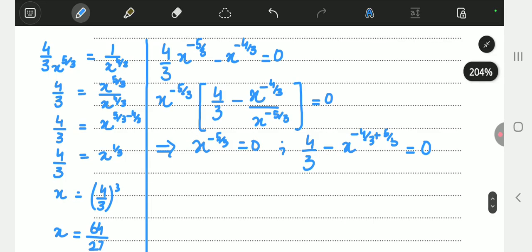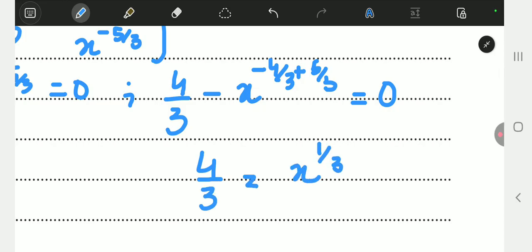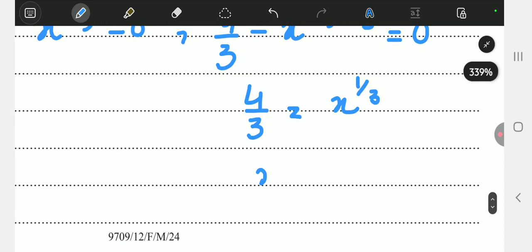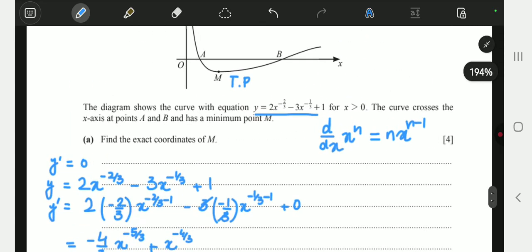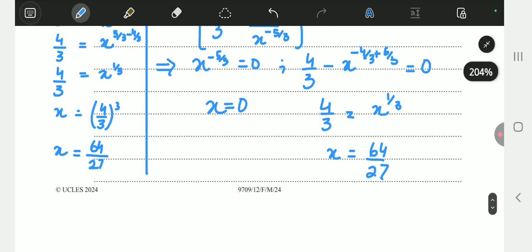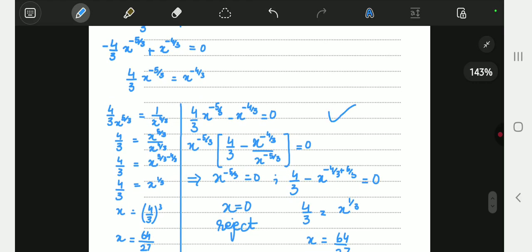This second part gives you 4 over 3 equals x to the power 1 over 3, which when solved gives x equals 64 over 27. The other solution is x equals 0, but here x should be greater than 0, so we reject this result. This is the more credible way of doing it, because in this way you are not going to lose any of the possible solutions.